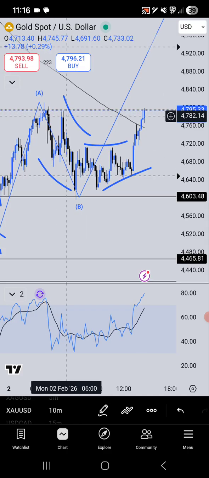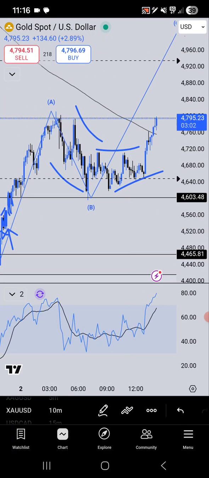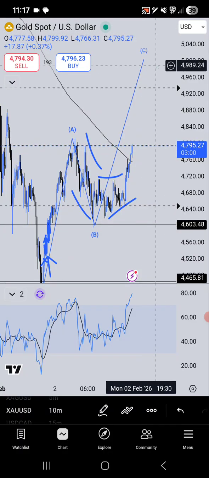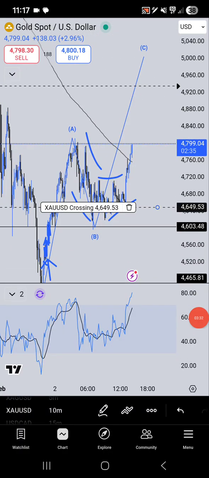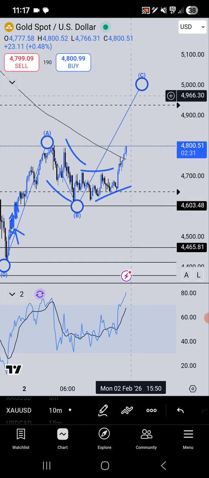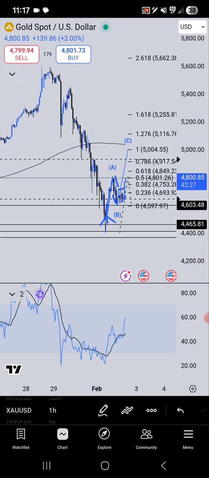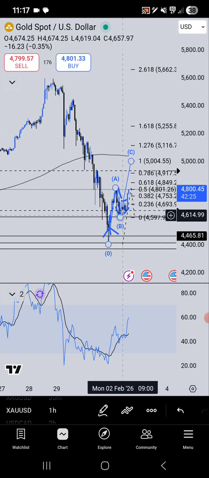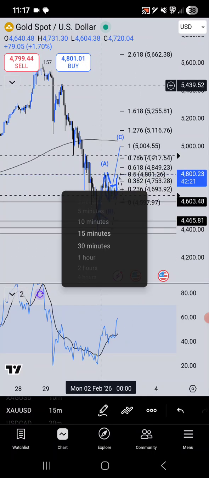See that 3-wave correction there. So the semi-bullish move here is up to 5,000. That would essentially be a 3-wave correction on the much larger time frame. So you had this big move down, and then you got a 3-wave move correction. That's kind of what I'm looking at now.